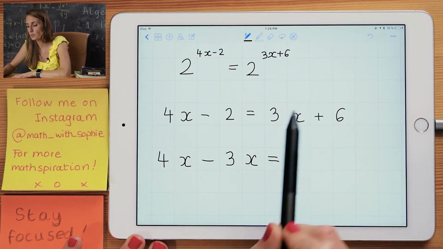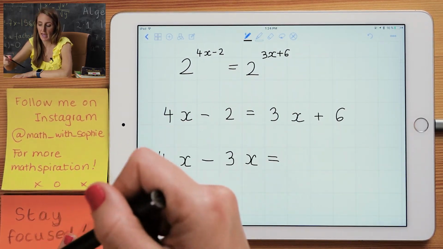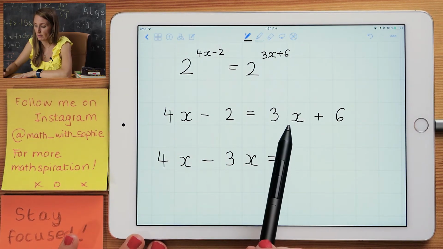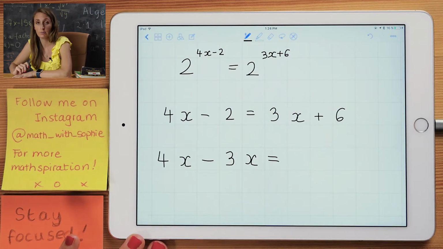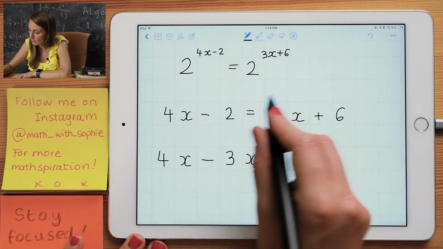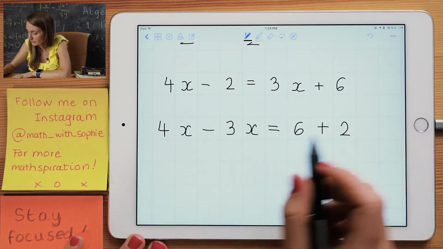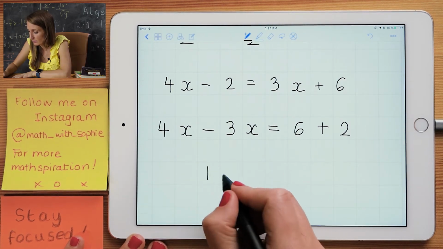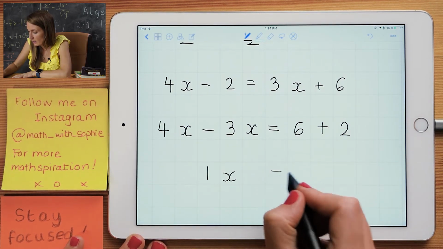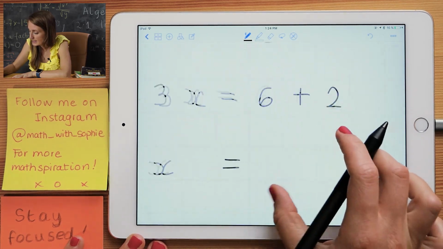The reason is you always want to bring the smaller x over to the side with the bigger x. So 4x is bigger than 3x, so 3x has to come to the 4x. On the other side, I've got 6, and I'm going to bring over the minus 2 and change that to plus 2. 4x minus 3x is 1x, and that's equal to 6 plus 2, which is 8.